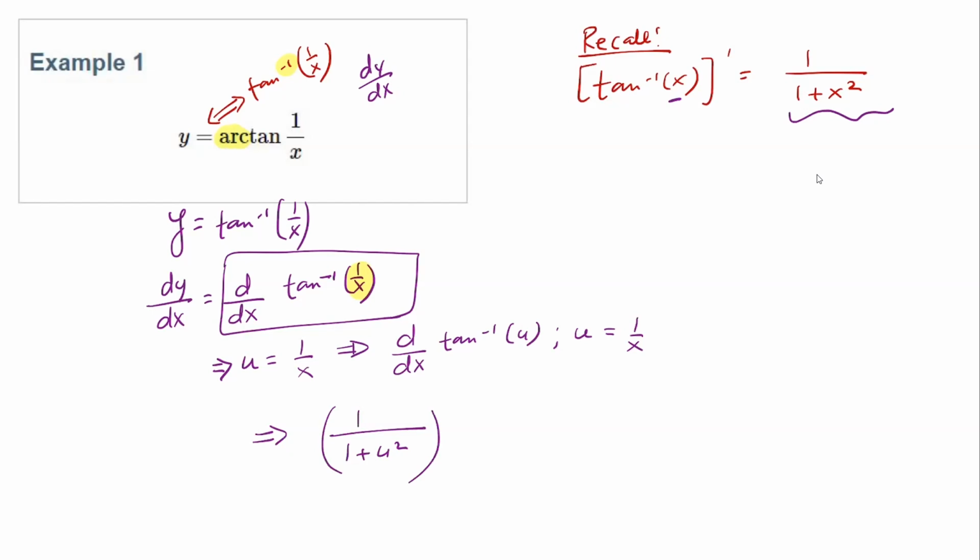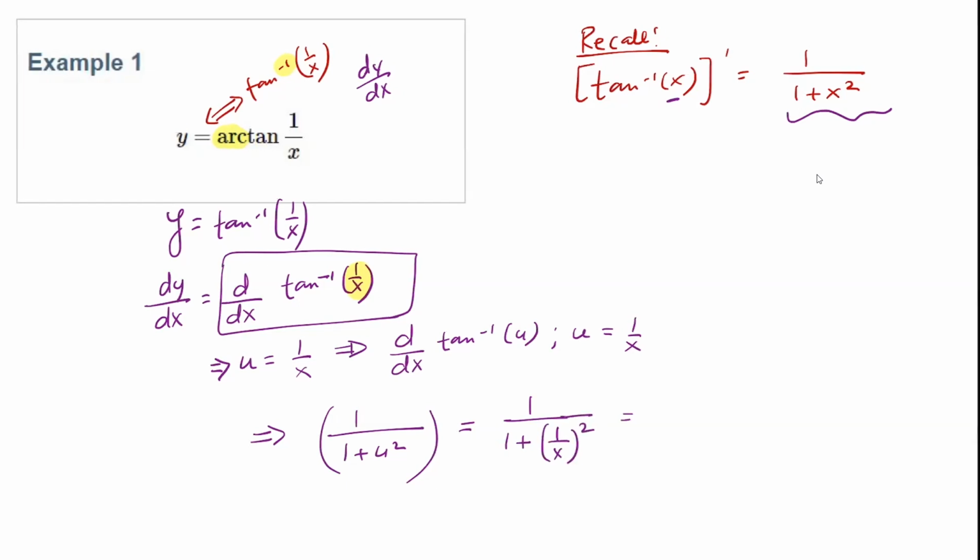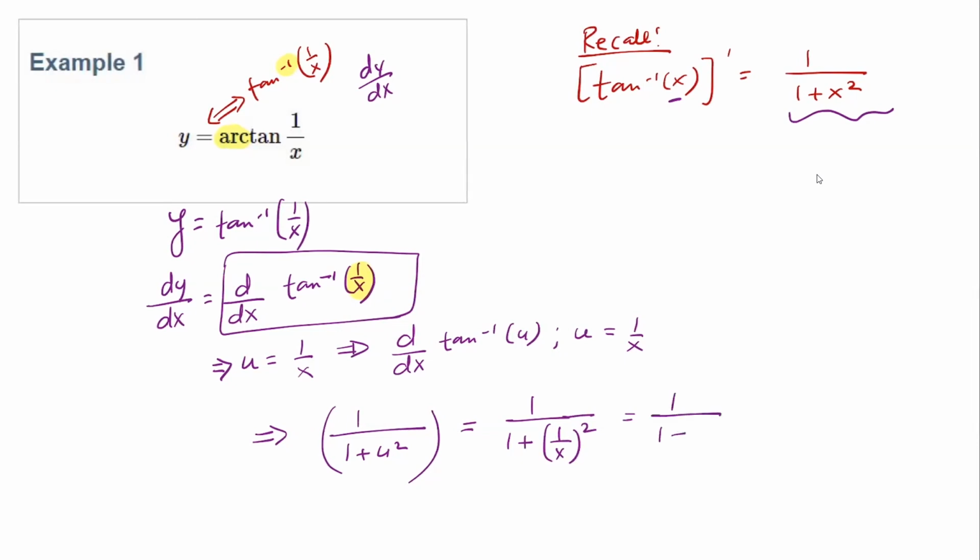So that should be 1 over 1 plus, and if I put the value of u back, it will be 1 over x squared. If I simplify this further, it will be 1 over 1 plus 1 over x squared, and this is going to be equal to x squared over x squared plus 1.